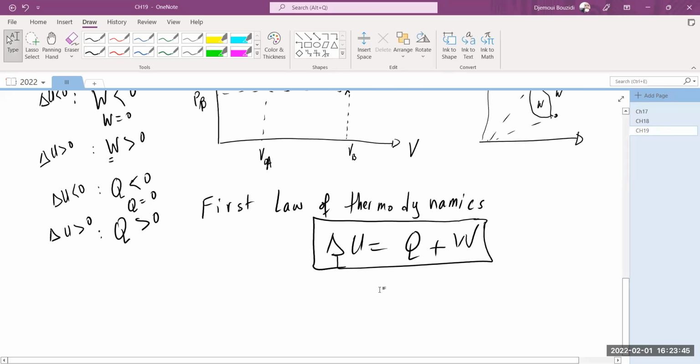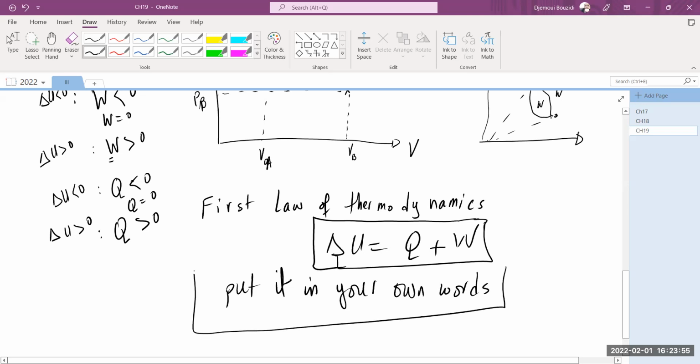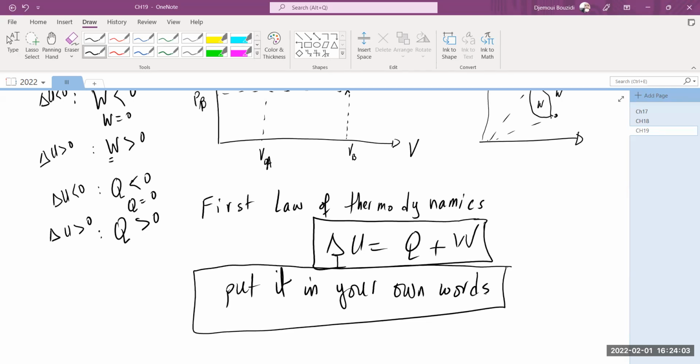Assignment number 1 for today, put it in your own words. Obviously, if you extract heat instead, or you have the gas do work on the environment, then in this case, delta U is going to be negative. You lost energy.